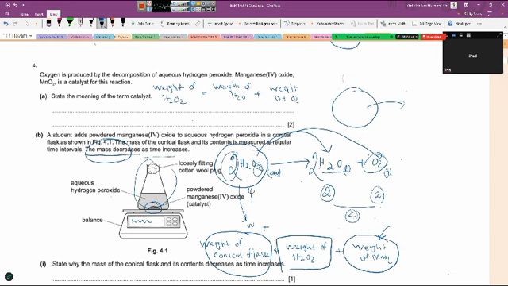Now you see here, since we are using this conical flask and we don't have any hole through which the water can flow, but still the weight of the content is reducing. So what can be the cause?